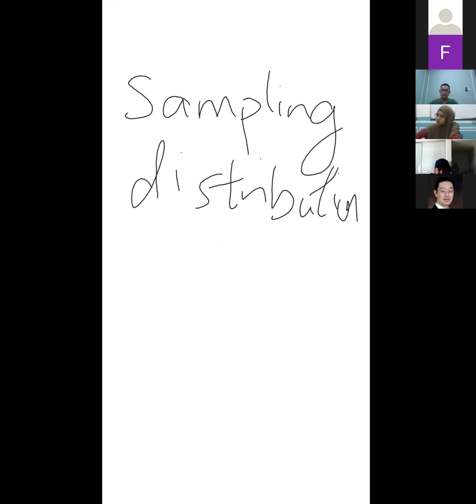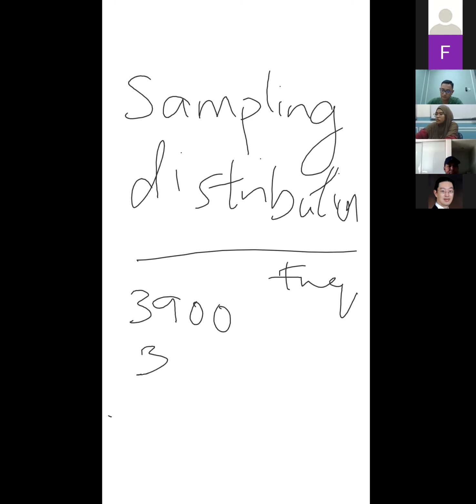What this sampling distribution says is, if you plot all these averages into a graph, let's say 3,900, what is the frequency? 3,910, what is the frequency? 4,000, what is the frequency? So you plot that into a frequency table. The 1,000 averages, you plot into a frequency table. So what will you get?